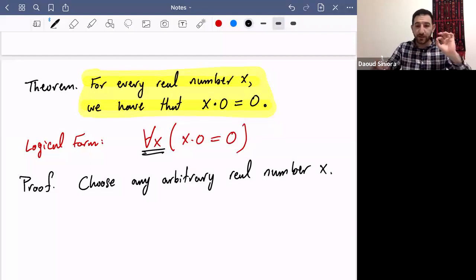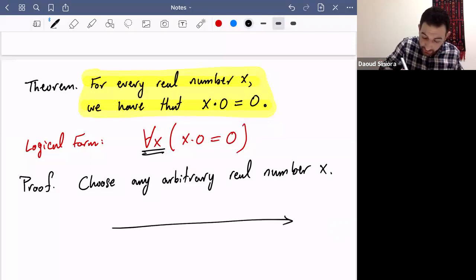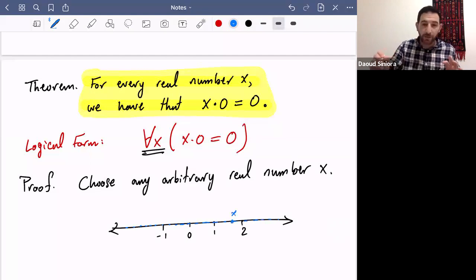So we chose x. Now all we can use about x is that it's a real number. It's an element of the real number line. So it's any point on this line. It could be this is x. Any point to choose.